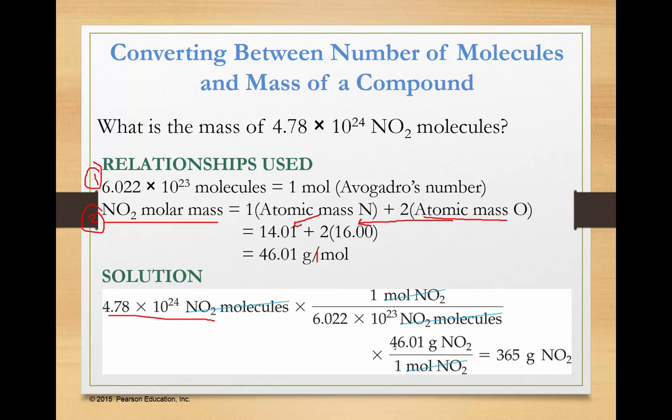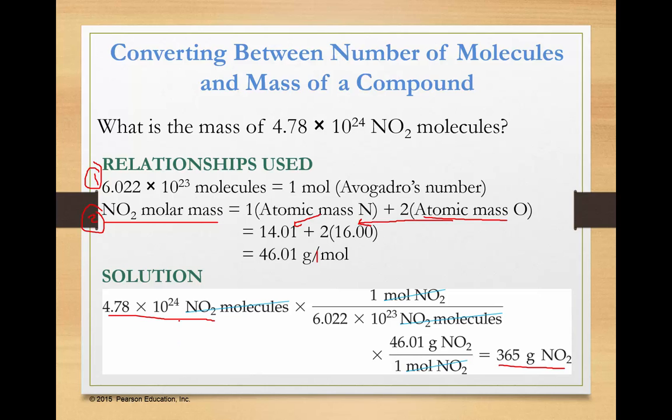So now we use our relationship of 46.01 grams of nitrogen dioxide for every 1 mole of nitrogen dioxide. Moles of nitrogen dioxide cancel out. That leaves us with 365 grams of nitrogen dioxide in this number of molecules.